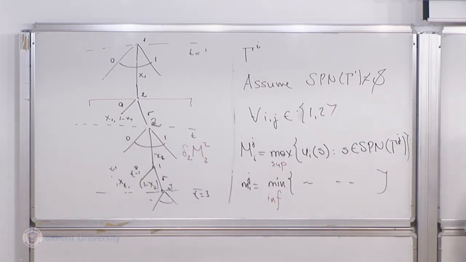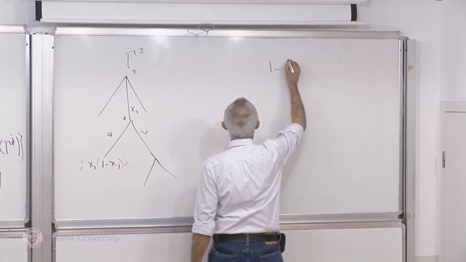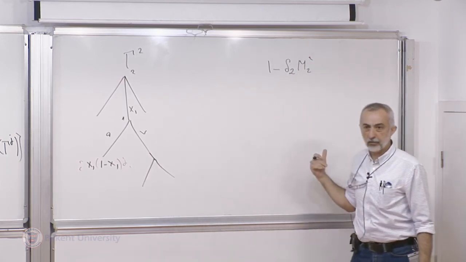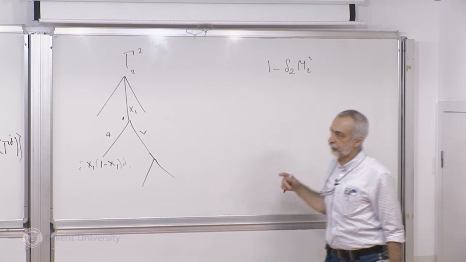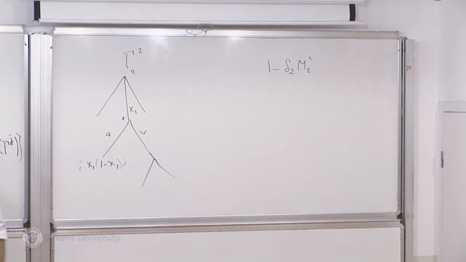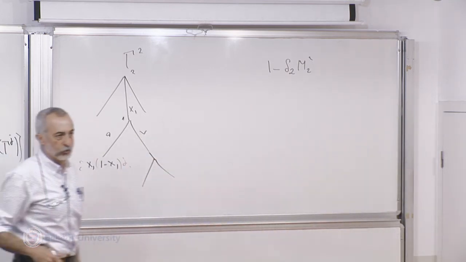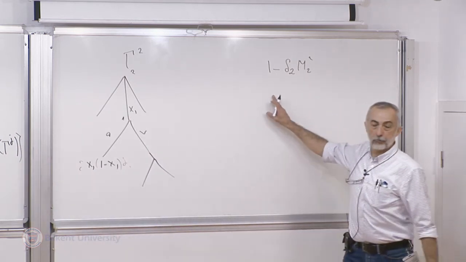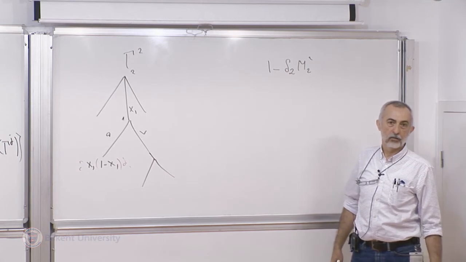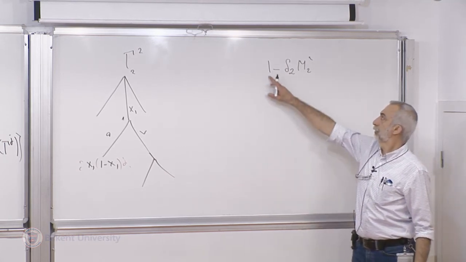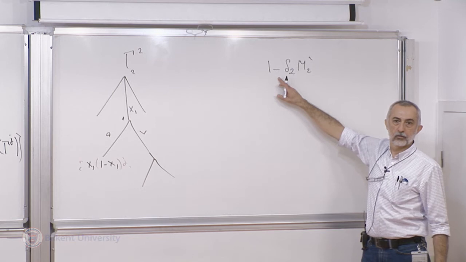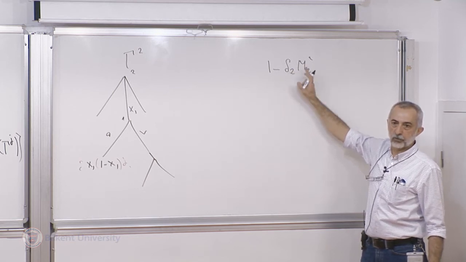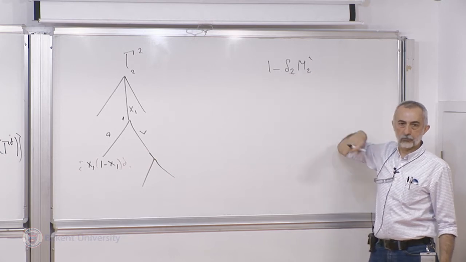So player 1 can guarantee himself 1 minus delta 2 m22, any payoff greater than or equal. Well, if it's equal, player 2 is indifferent between accepting and rejecting. So we could consider a strategy where player 2 rejects. Which means that player 1, by saying that I ask for this much, can guarantee himself at least this much payoff.